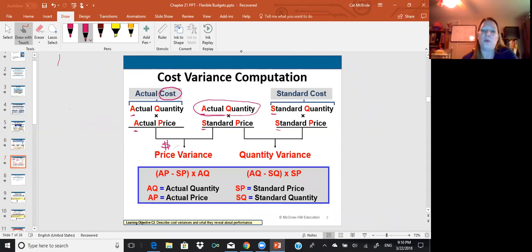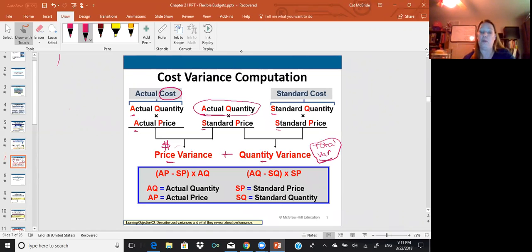And on this side, we're separating out the price. When we combine these two, we get the total variance. This is what we'd see on the financial statements, the total variance. And then when we analyze it, we'll break it down into either price or quantity.